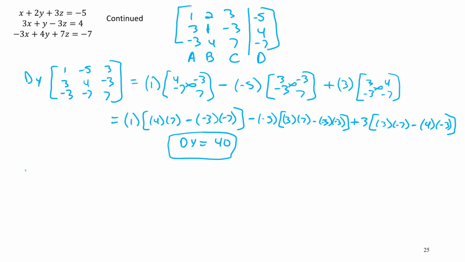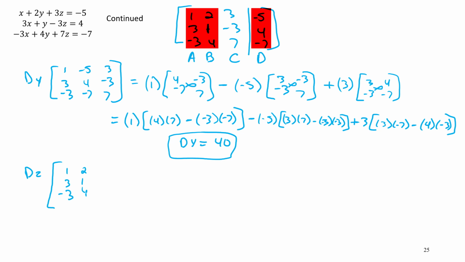And for d of z, we keep the a and the b column and replace the d for the c column. So we would get 1, 3, -3, 2, 1, 4, -5, 4, -7.